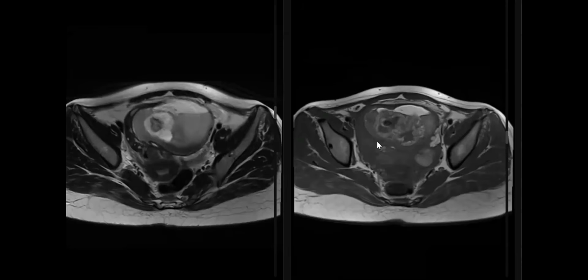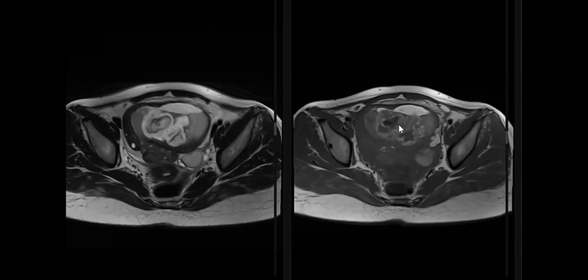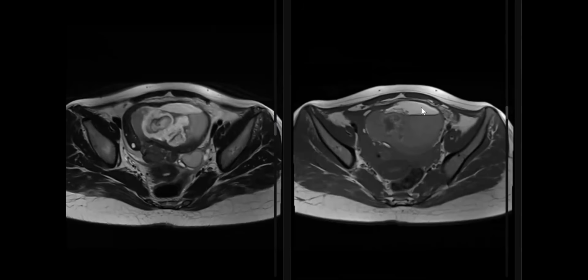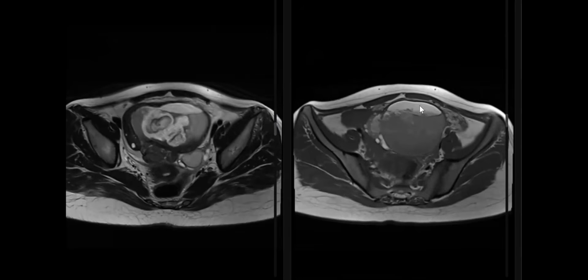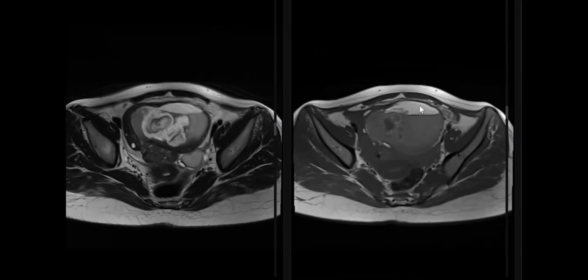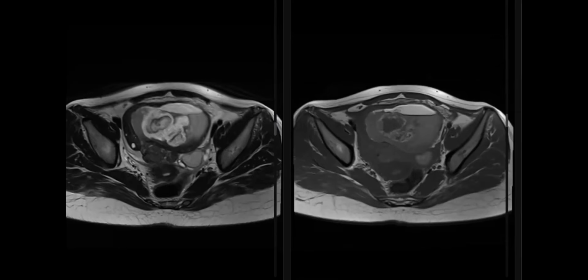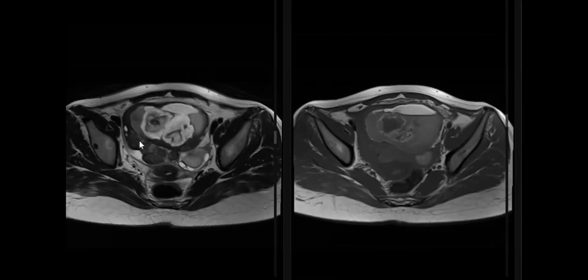You see the difference? It's high signal intensity on T1, which may be fat, maybe hemorrhage. But with a low signal intensity structure, we need fat sat.